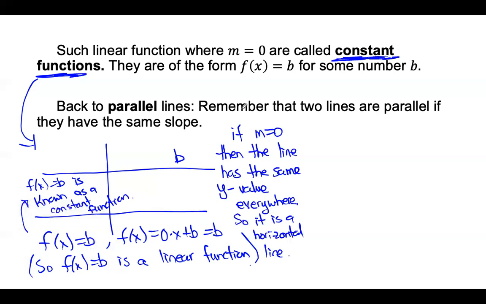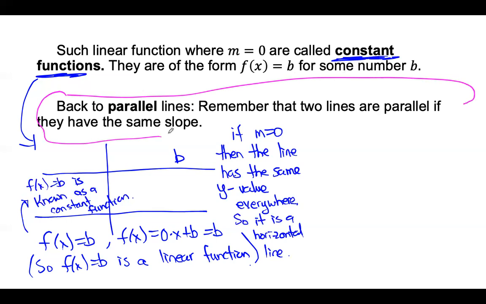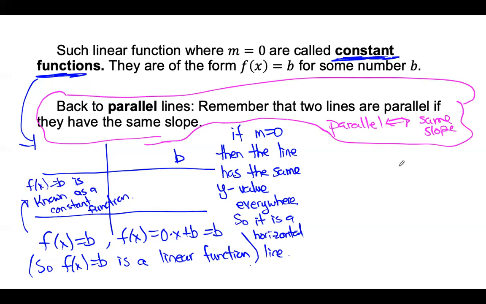Now, back to parallel lines. Remember that two lines are parallel if they have the same slope. So what does this mean? Parallel implies same slope, and same slope means that the lines are parallel. We could draw a quick little sketch over here regarding point number 2.